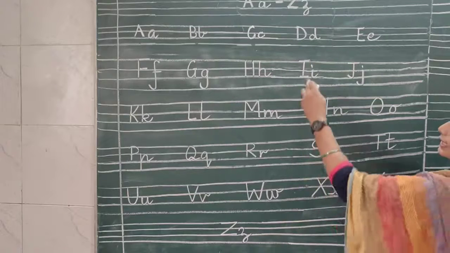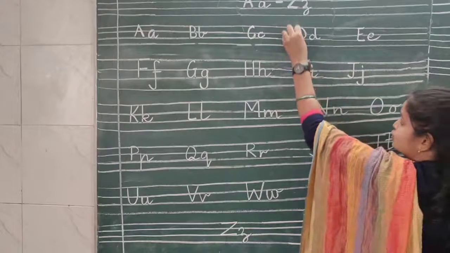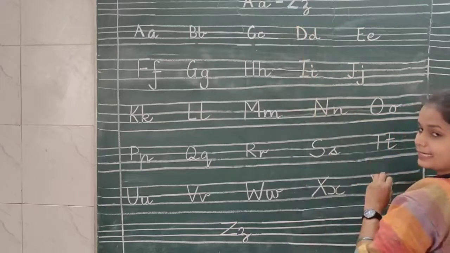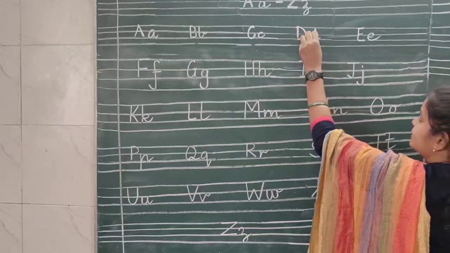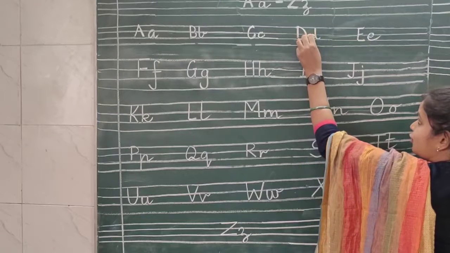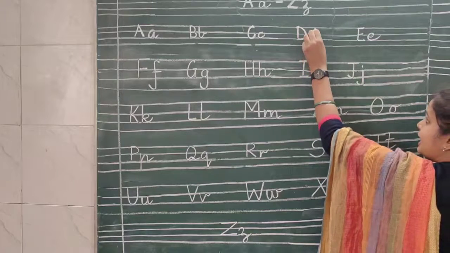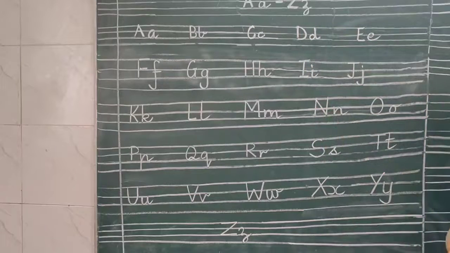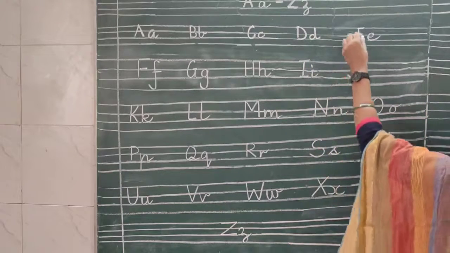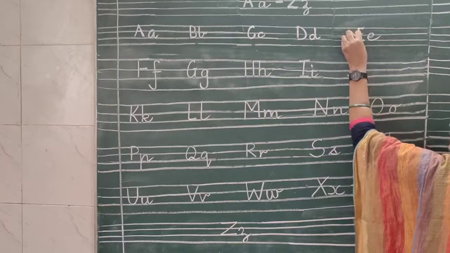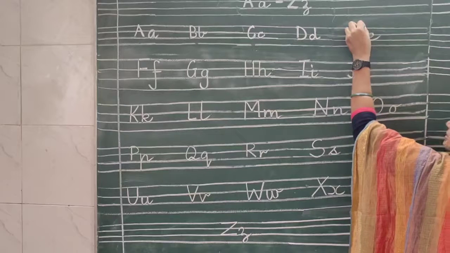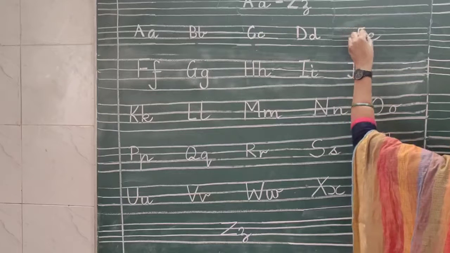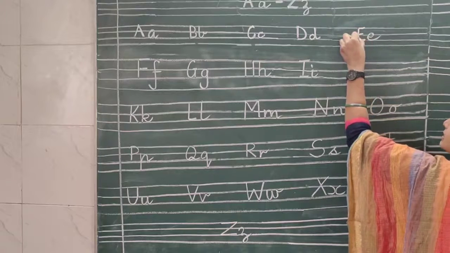Now coming to D. One straight line and a curve. Is that clear? And small d, we will form a small c, then up, down and kick. This is D. Now coming to E. Straight line, then one small slant line, again one small slant line, and the third slant line.